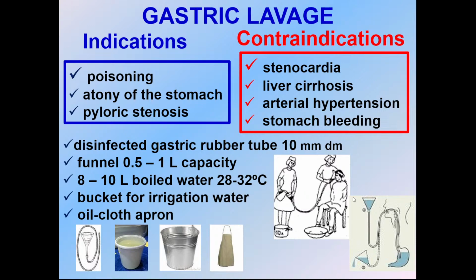And when the water from funnel does not go inside the stomach, it shows that stomach with esophagus is filled with water, we carefully move funnel downward and content of the stomach will be removed.